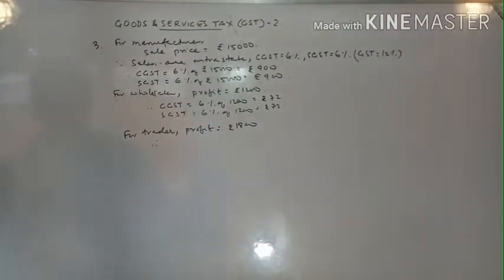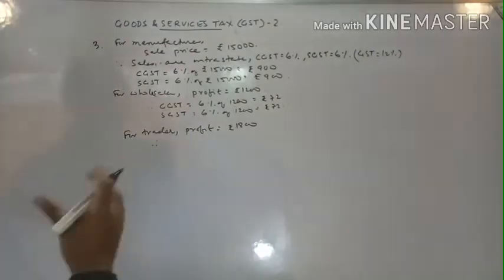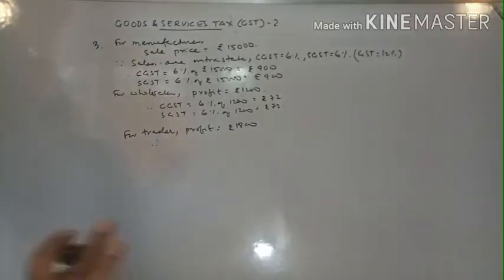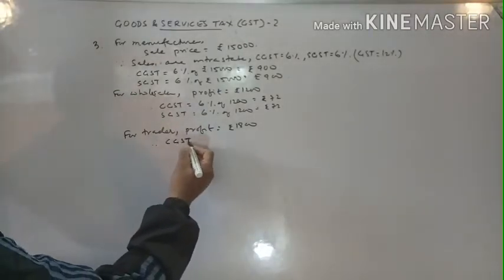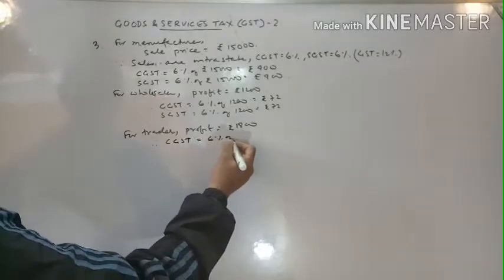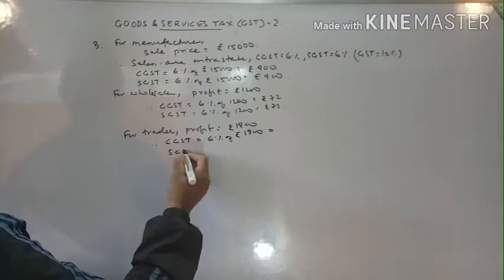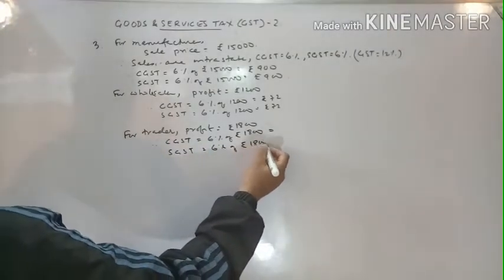So if profit is given, you can directly find GST. If profit is not given, you have purchase price and selling price. In that case, you have to find input and output. Remember that one. So CGST is equal to 6% of rupees 1800, and SGST is also 6% of rupees 1800.